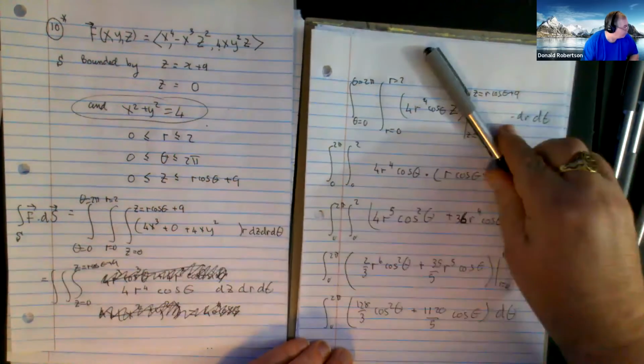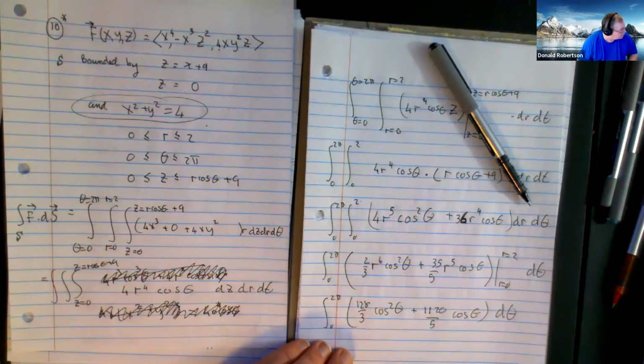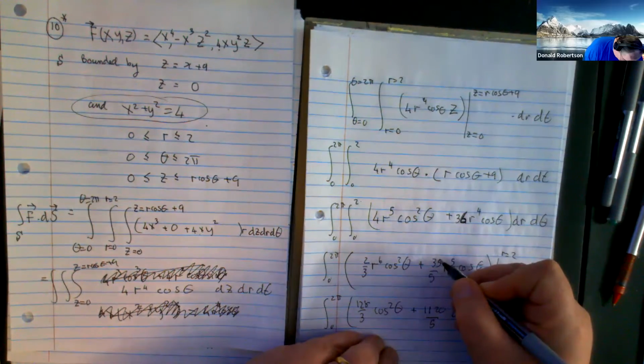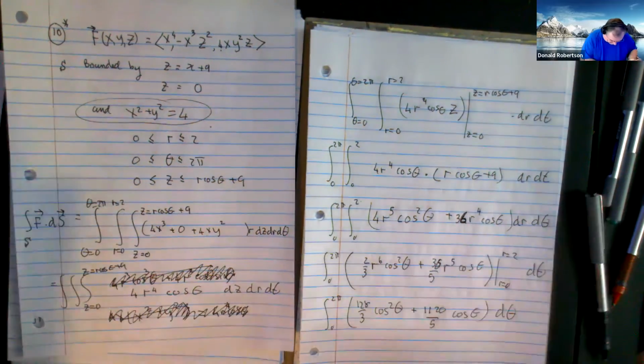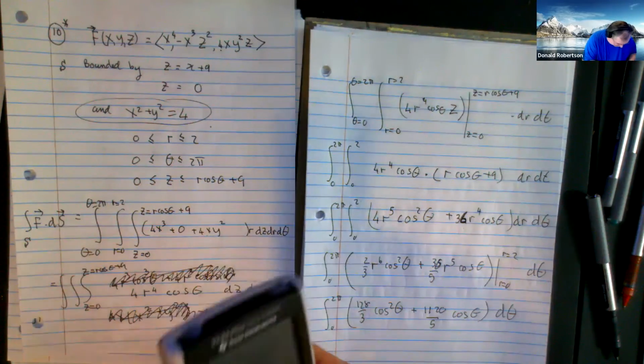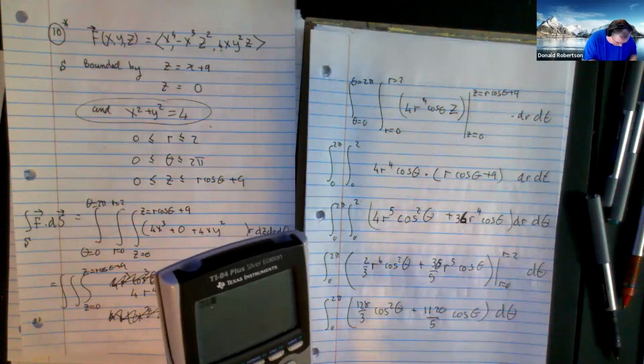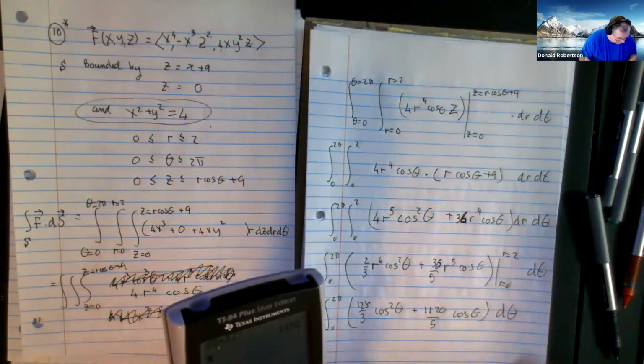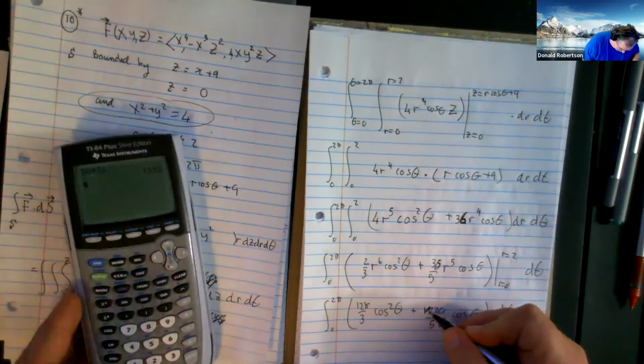Let me check. Is it 35/5 or 36/5? It's 36, which is going to change that top number, isn't it? So 36 times 2, 4, 8, 16, 32. Okay, that's 1152/5.